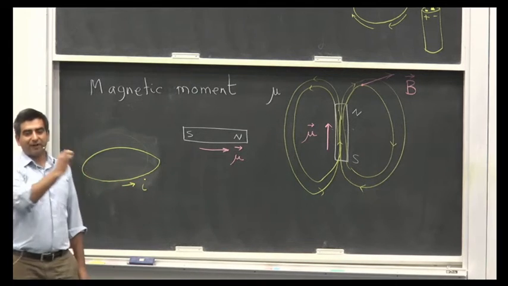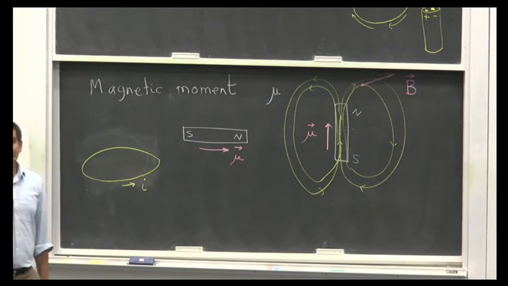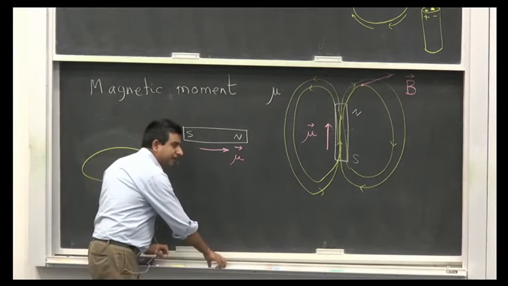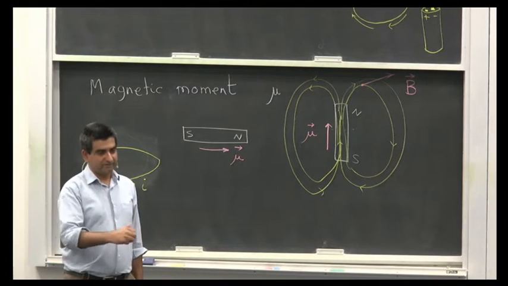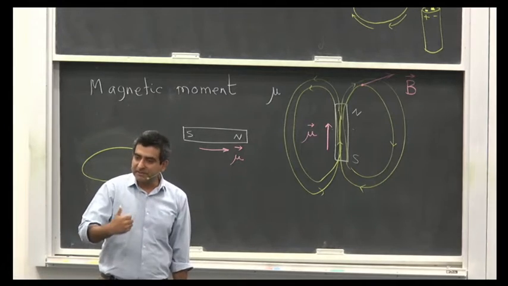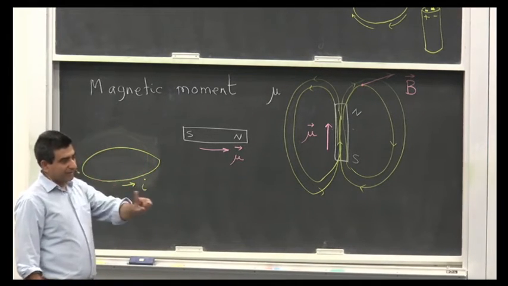It's a loop of wire through which current is flowing, and I is the amount of current. Then in your high school physics, your A levels or FSC, you study that a current carrying coil also produces a magnetic field. It behaves like a tiny magnet. So there must be a magnetic dipole moment associated with this current carrying coil as well.